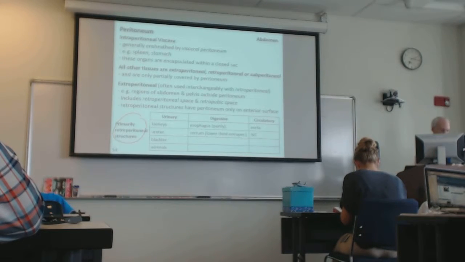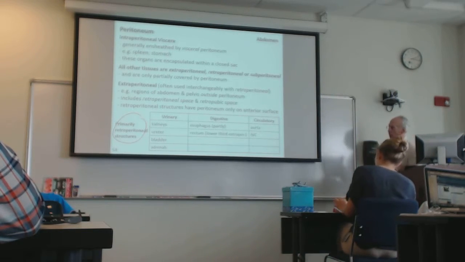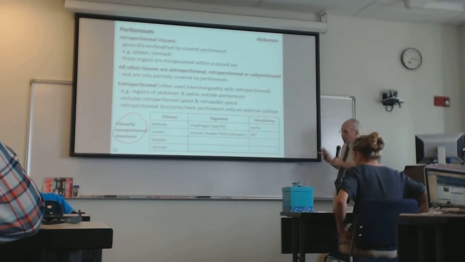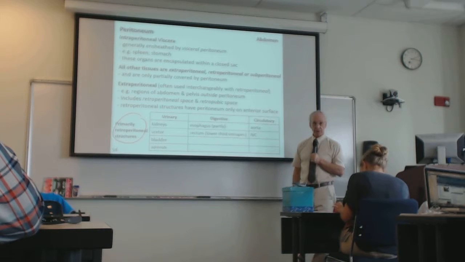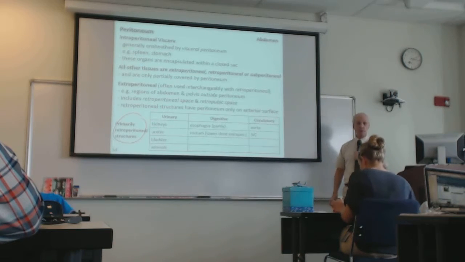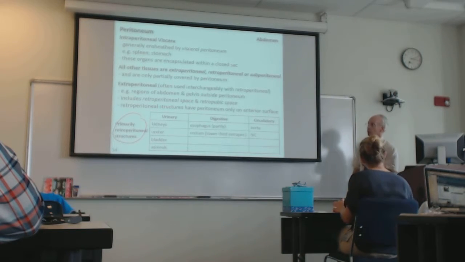So this is my little table of primarily retroperitoneal structures. There are some structures that have one side facing the peritoneum. There are other structures, like the liver, for example, that is virtually entirely encapsulated by peritoneum, except for just a small region we call the bare area of the liver, B-A-R-E, not B-E-A-R.